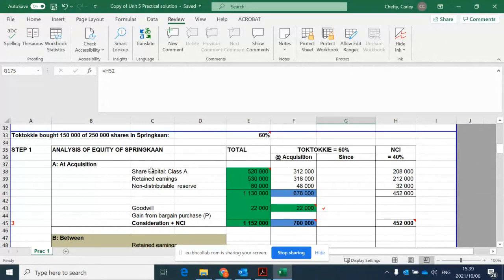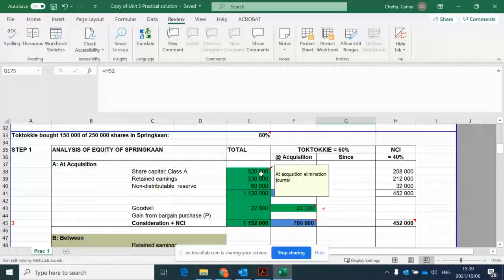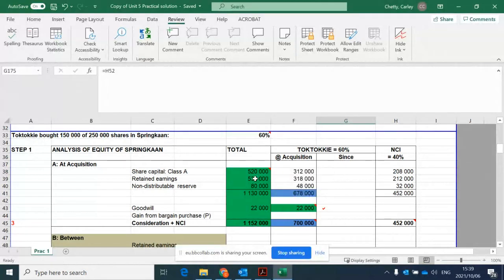So the share capital here is showing the equity of SpringCon. So SpringCon had share capital of 520,000. They had retained earnings of 530,000 and a non-distributable reserve of 80,000. So Tok only owns 60% of this.